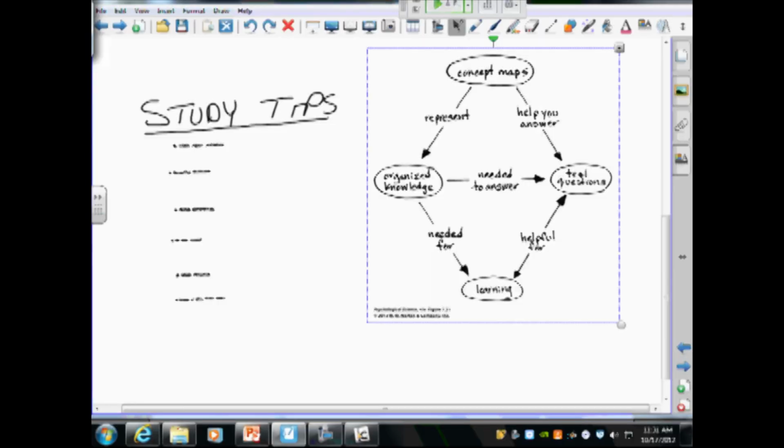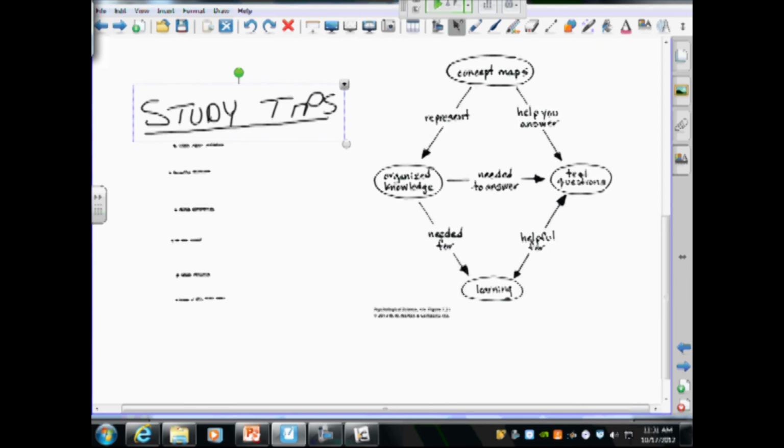One way to do this, if you're one of the people doing flashcards, is find a big table, go to the library, lay out your flashcards of the terms, and then just start doing your connections from that. That should be study tips and not study trips. Anyway, we'll let it go.